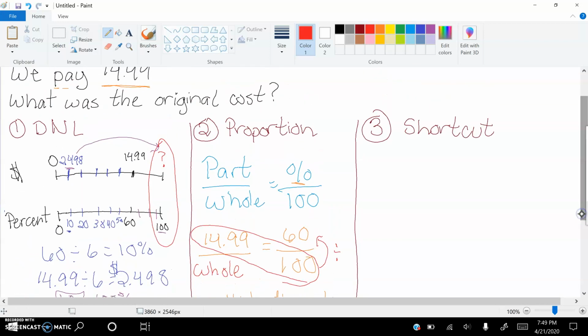Last but not least, we can do a shortcut that's doing this exact same thing we did with the proportion, just in one step. So our shortcut, what we can do is take the price that we pay, so the part, and we can divide by the percentage.